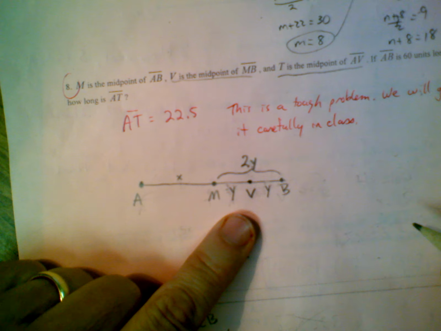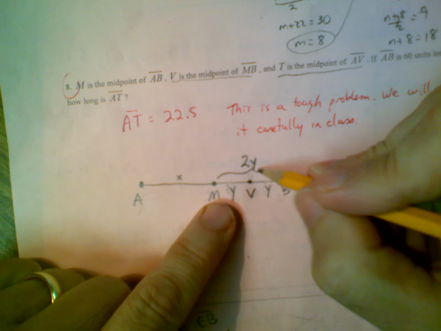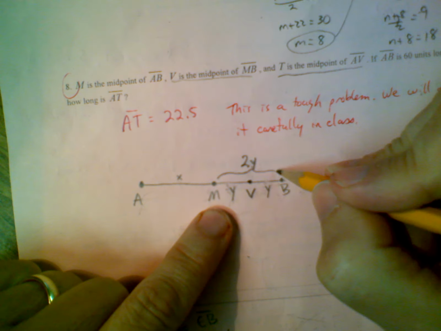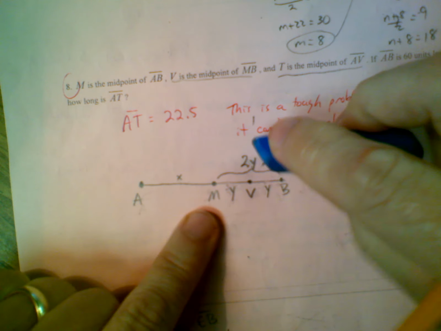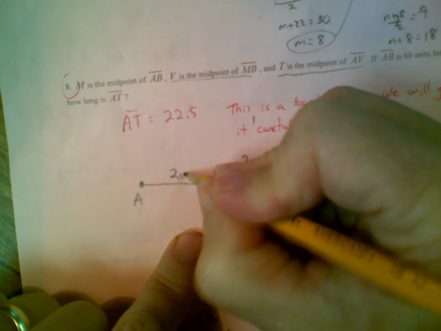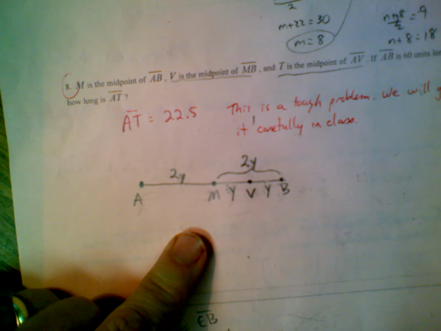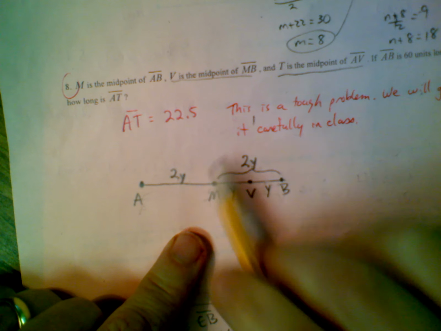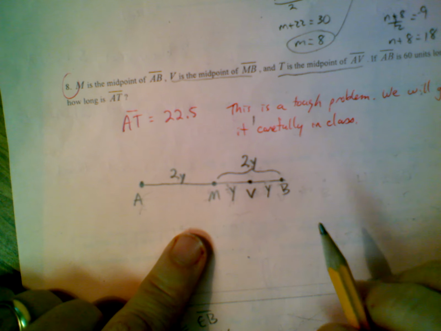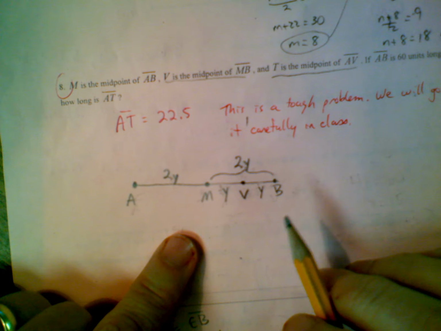I mean, wouldn't that also be accurate? Doesn't this all show that each of these segments is half as long as this one? But then if we're going to change that X to a 2Y, while we're at it, why don't we change that to a 2Y? Right? Because the fewer variables we have in the diagram, the better off we are, the easier it's going to be to solve some problem eventually.